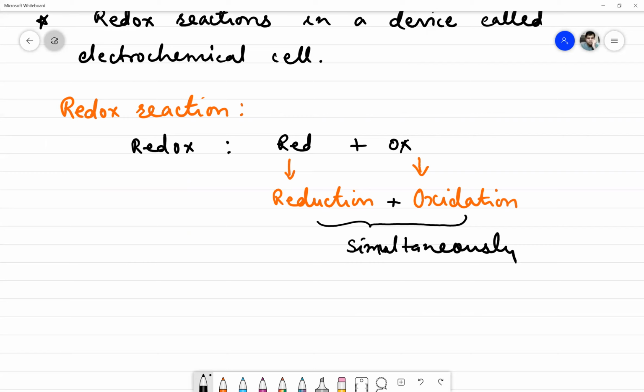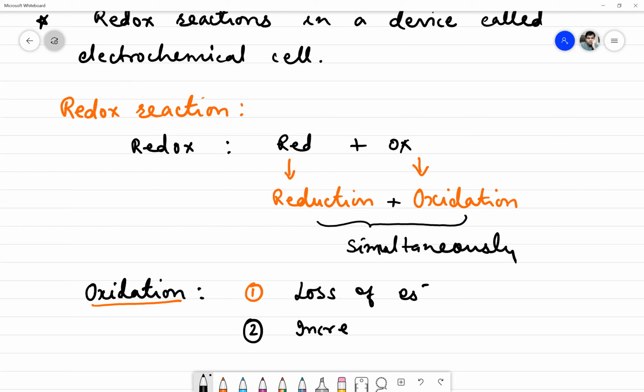All right, so now let's see what is an oxidation reaction. An oxidation reaction is the reaction which involves the loss of electrons. It can be defined in different ways. It is the reaction which involves the loss of electrons, or if there is an increase in the oxidation state of a species, then this reaction is also called oxidation.